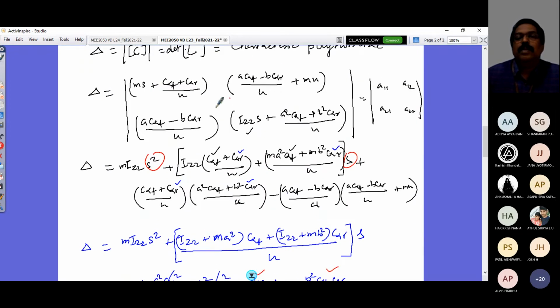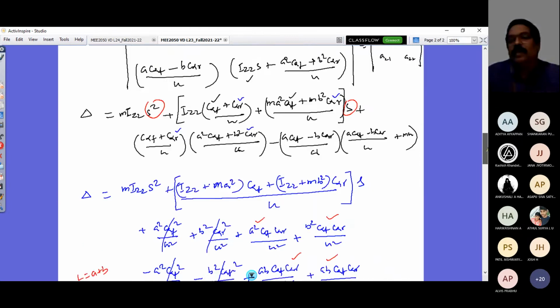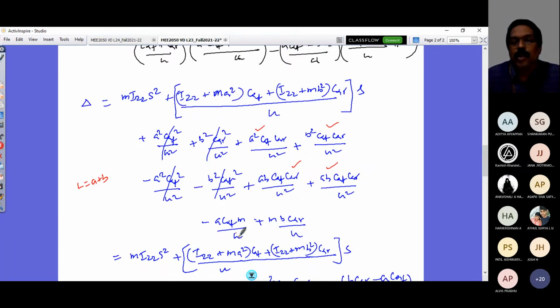When I multiply these two terms, I have this mu into the last two terms. So here this mu into the first term, when I multiply, it is m a c alpha f by u into u. So u goes off, and I have forgotten that here. So there is no u in the denominator. There is no u here in this denominator.